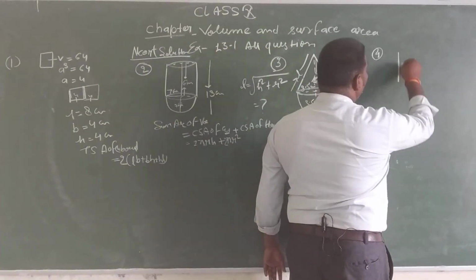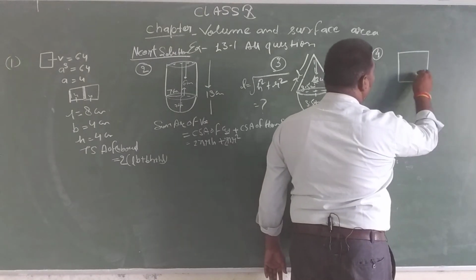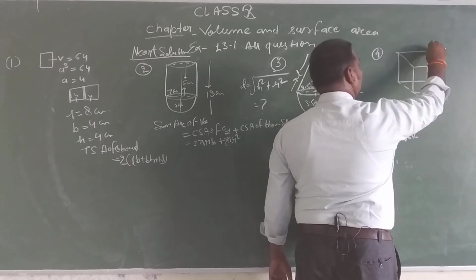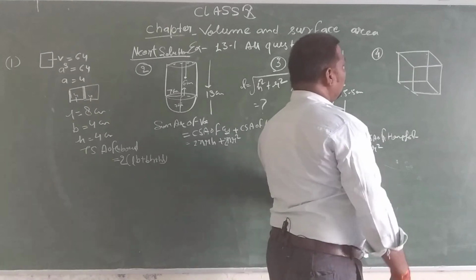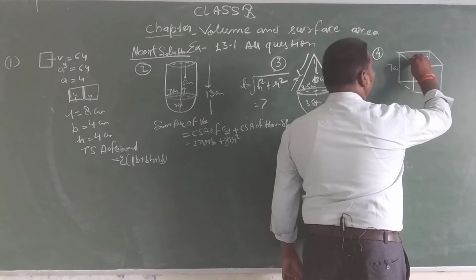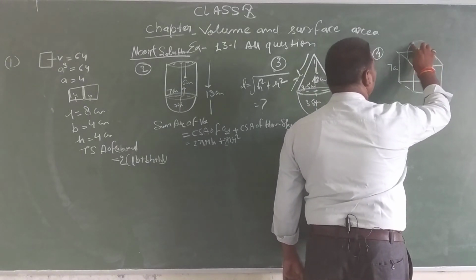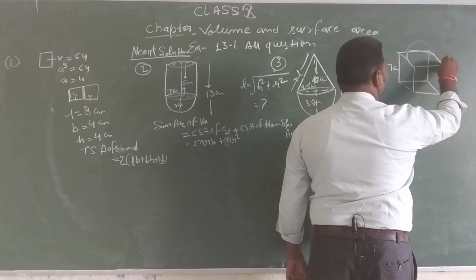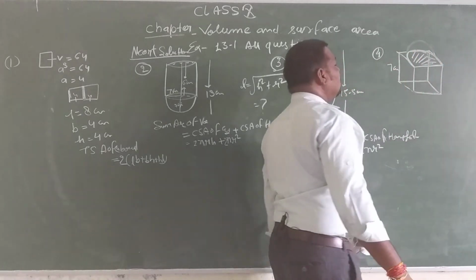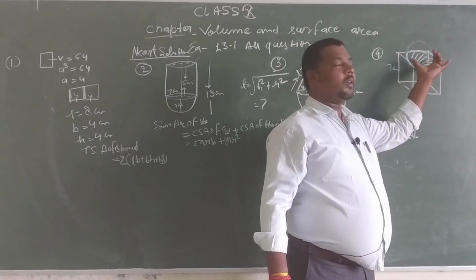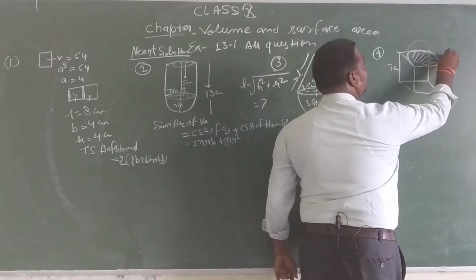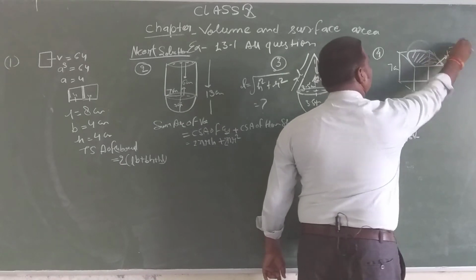You see, there is a cubical block whose edges are 7 centimeter, and one hemispherical portion is surmounted by a hemisphere. So what is the greatest diameter of the hemisphere? The greatest diameter of hemisphere is 7 centimeter.